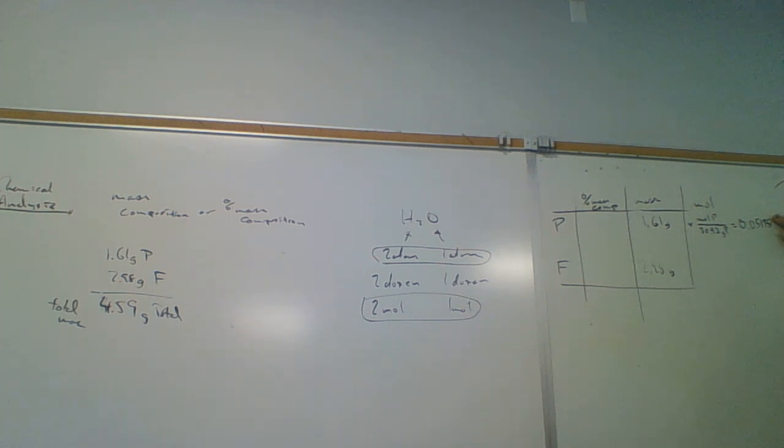And so I'm going to carry at least 1 extra. 0.05198 mole of phosphorus. Okay, now I'm going to do the same thing for fluorine. A mole of fluorine from yesterday weighs 19.00 grams. So there's going to be 2.98 divided by 19. This is going to give me 0.156 moles.